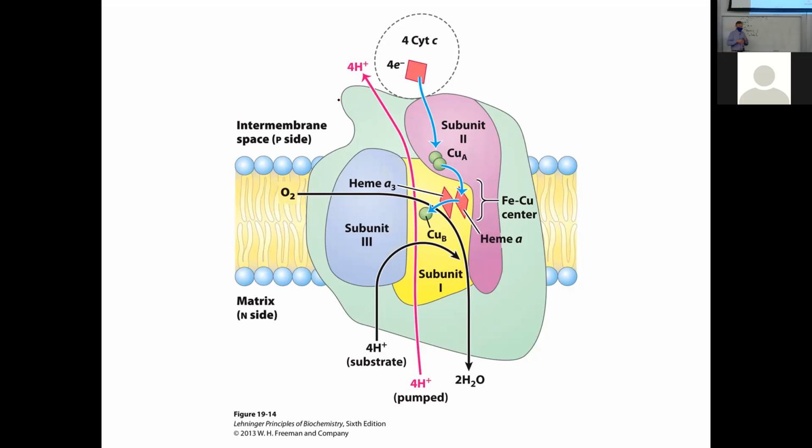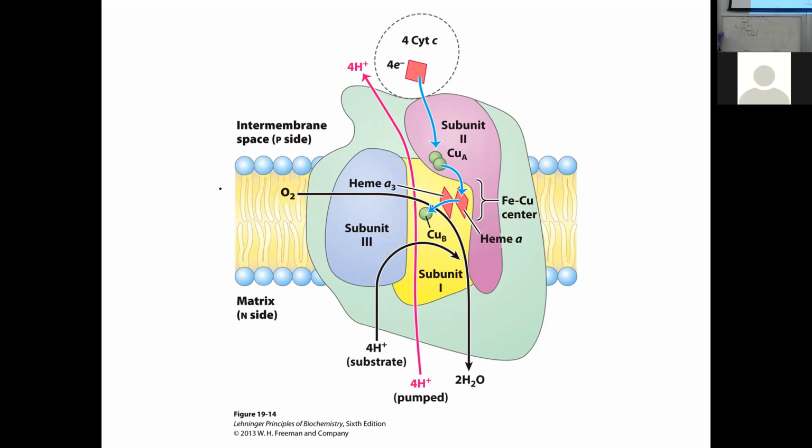We're talking about maybe milliseconds between copies of cytochrome C coming in, but compared to how fast electrons can move from one site to another, let's say in complex 1, it's very slow.